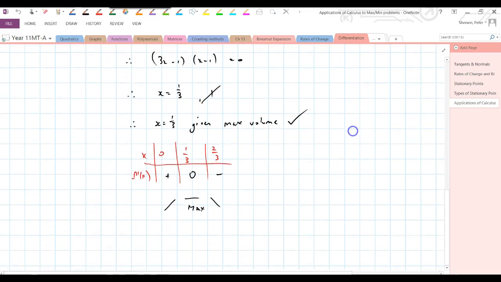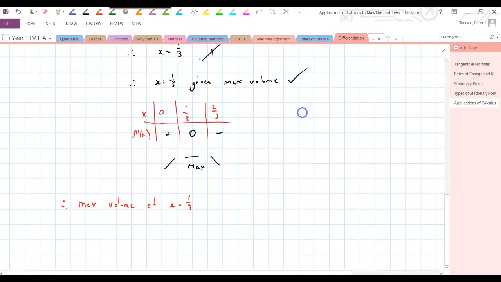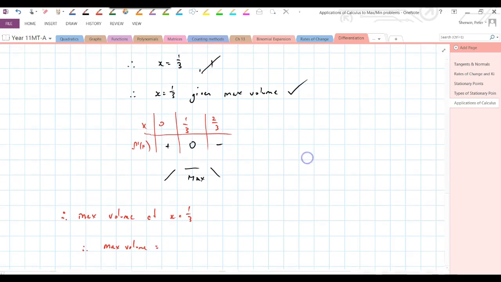So putting X equals 1/3 in, the maximum volume at X equals 1/3 is 4x cubed, so 4 by 1/3 cubed, minus 8x squared, 8 times 1/3 squared, plus 4 times 1/3.